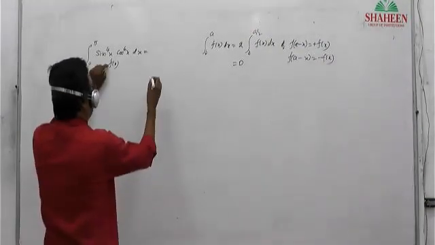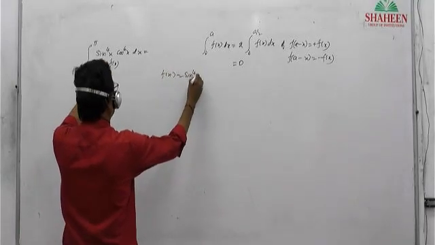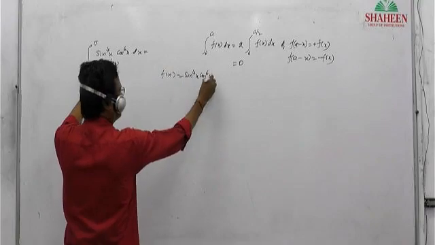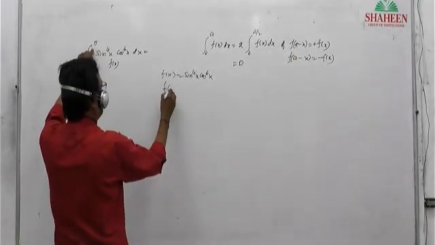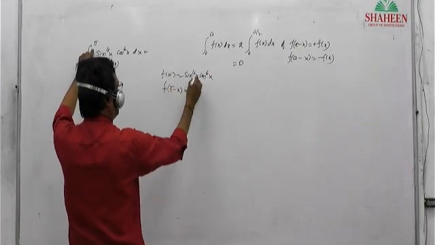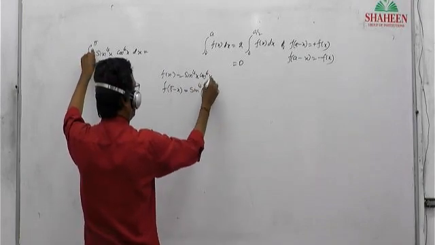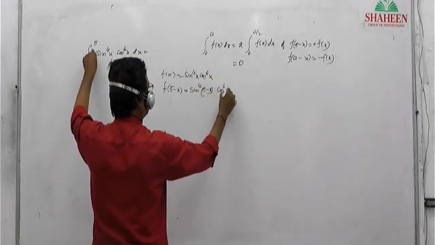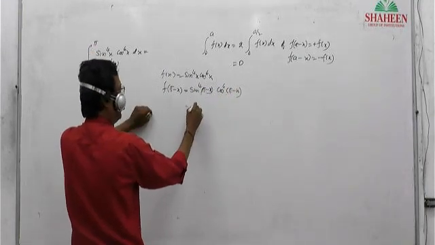Now fx is sine power 4 cos power 6. F of a minus x, a is pi, so f of pi minus x. Sine of pi minus theta is plus sine theta.